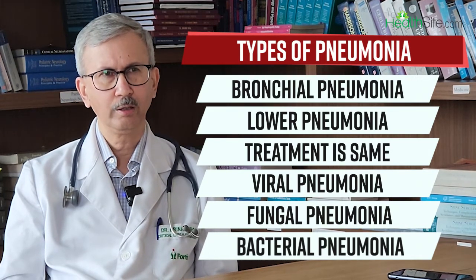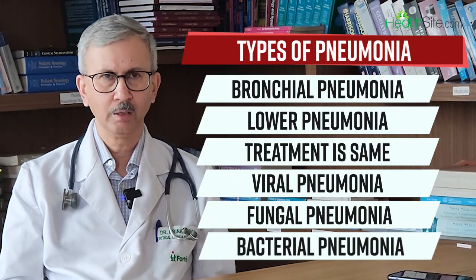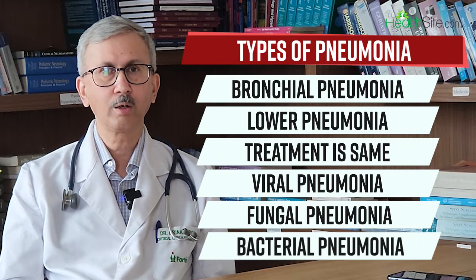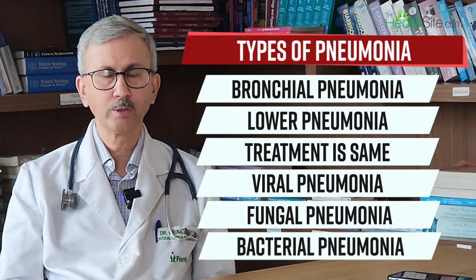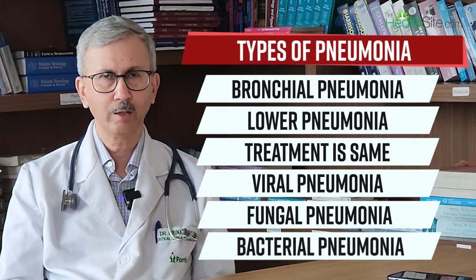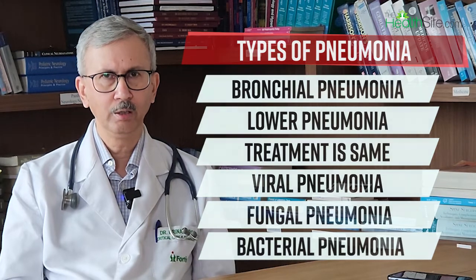So in terms of treatment, there is no change between the two types. What is more important is what is the organism or what is the microbe which is causing the infection. So we can get viral pneumonia, we can get fungal pneumonia, we can get bacterial pneumonia. The bacterial and fungal and viral tend to be the commonest type of pneumonias.